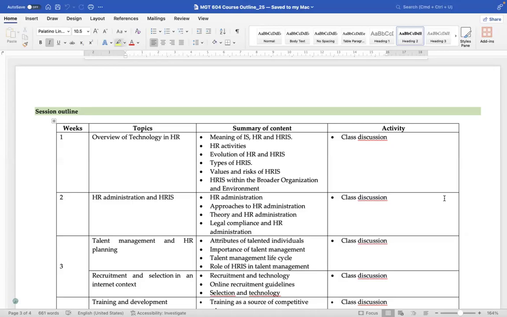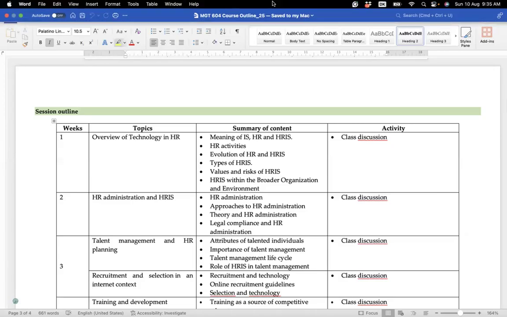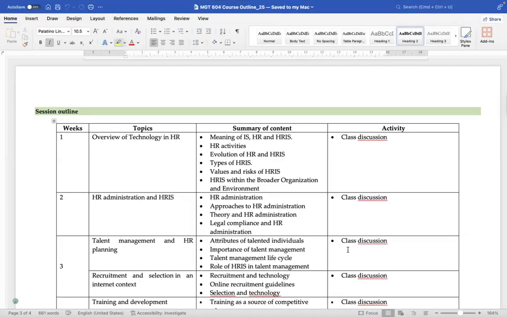So we are talking about HR administration, where HR is now involved in payroll activities, updating employees' payroll, all those things forming part of the HR function, as well as functions like talent management, where the HR is responsible for identifying talent.